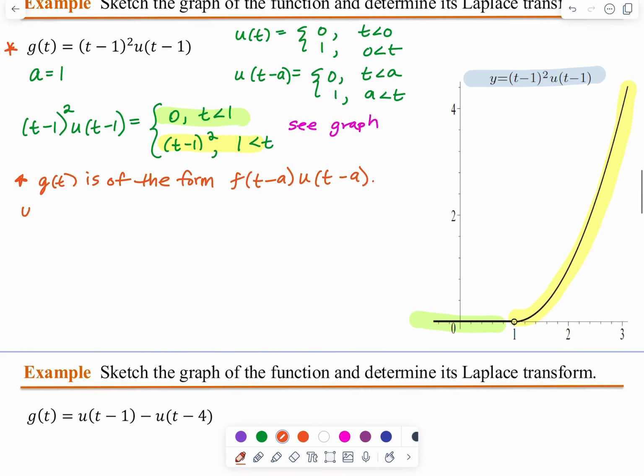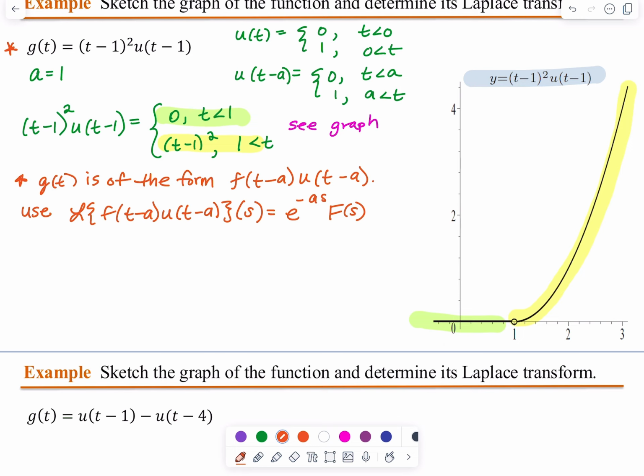So we will use that the Laplace transform of f of t minus a multiplied by u of t minus a, of s, is equal to e to the negative as power multiplied by the Laplace transform of our function.